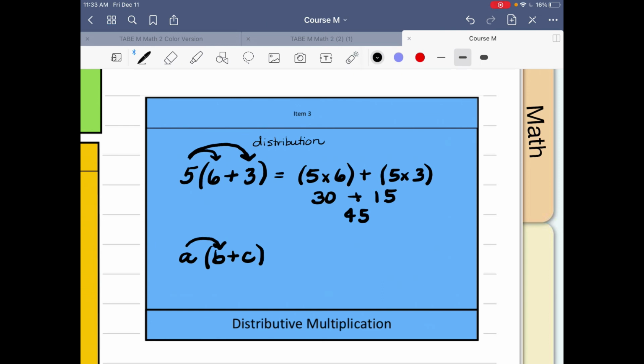You get A times B plus A times C, and algebraically you want to get rid of the times sign, so you would have AB plus AC.